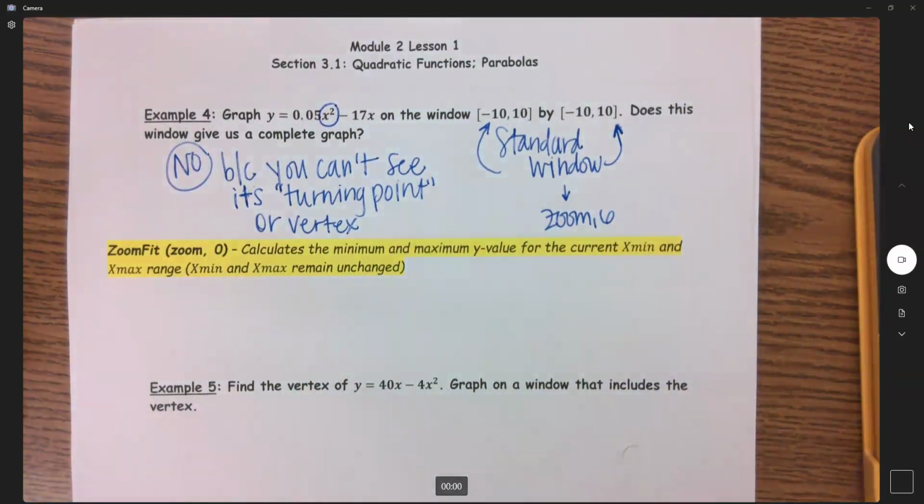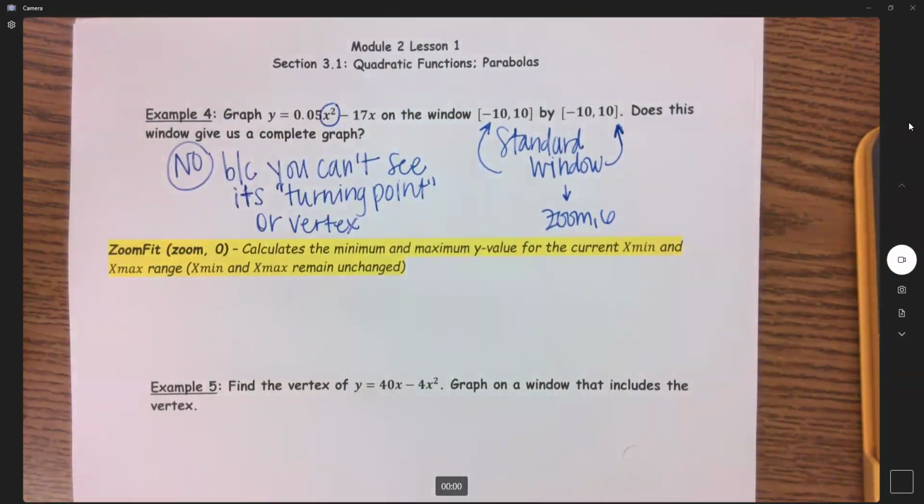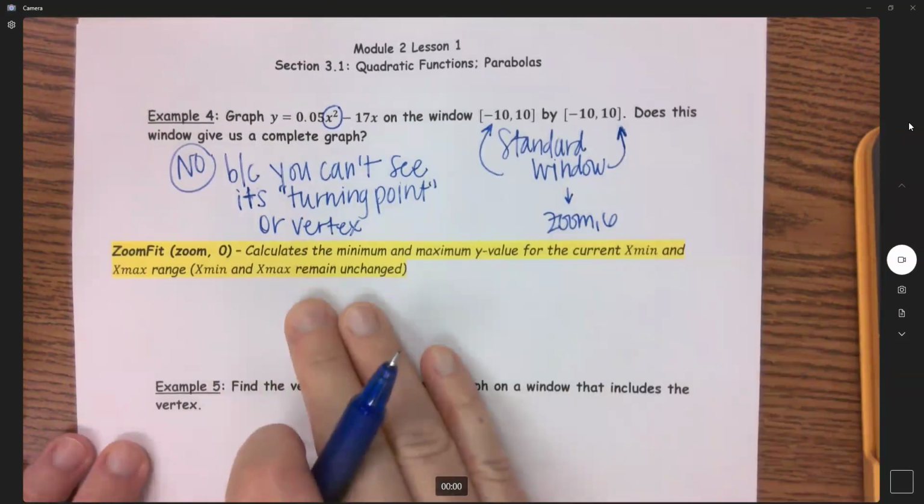To be able to say I see the complete graph of a parabola or of a quadratic equation, you have to be able to see that turning point or that vertex. So it doesn't ask us to, but how could we find it?